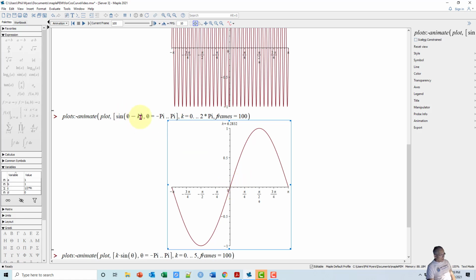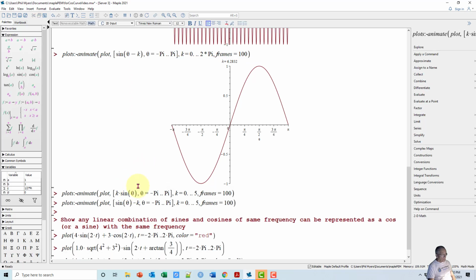Notice that when k is positive, the curve goes to the right. We write the minus k to make it turn out so that a positive k shifts right. And if you put a negative value in here for k, that would be theta plus the absolute value of k, and that would give you a left shift. That's just convention.